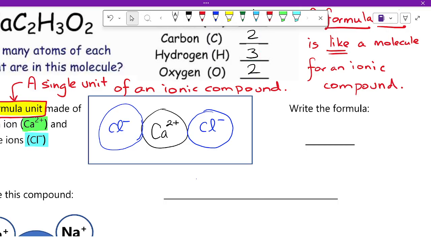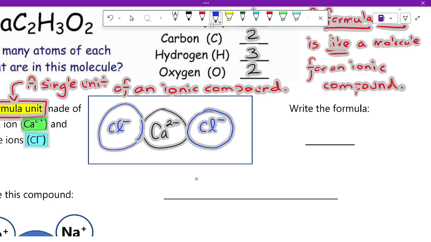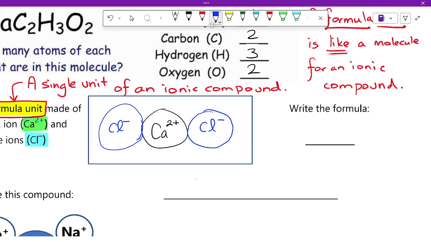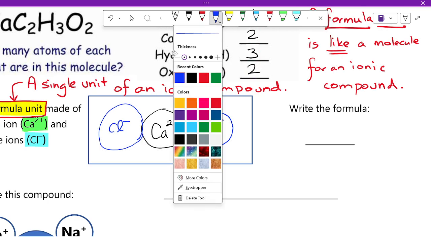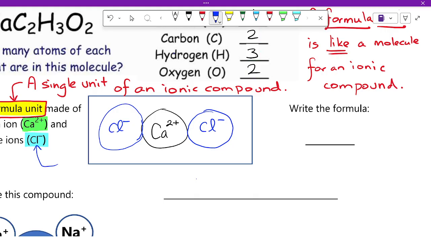What do you think? Oh, okay. Just watch out for this. This is not an I. That is an L. Okay, so not CI. Does that make sense?